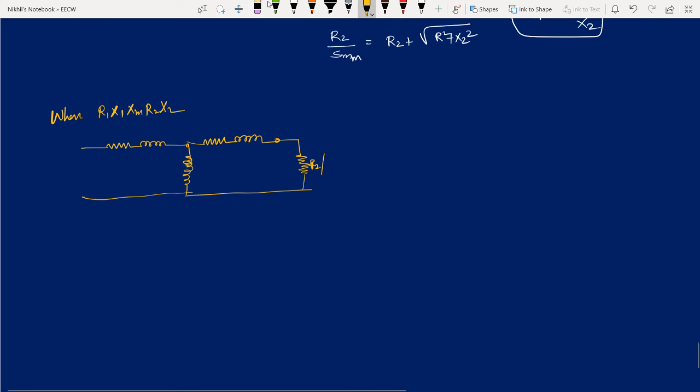This is our hero, R2 into (1 by s minus 1). Again the same story repeats. I will replace the stator part of the circuit with VTH and RTH. Then the circuit transforms like this.